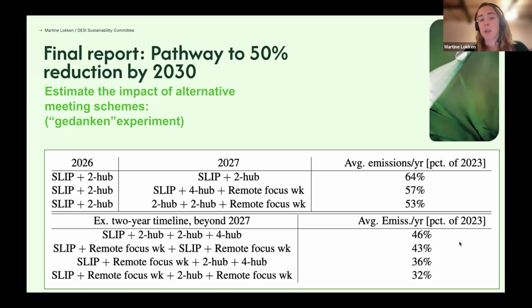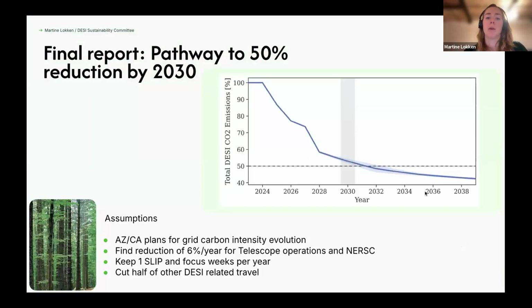And then combining that with those other categories I mentioned before, we made this estimate with a tool that people can use and play around with, which we shared with the DESI membership as well. And this includes assuming a couple of changes to those other categories, but mostly changes to the meetings. So these big breaks in this curve are from abrupt changes in those meeting styles over the next few years.